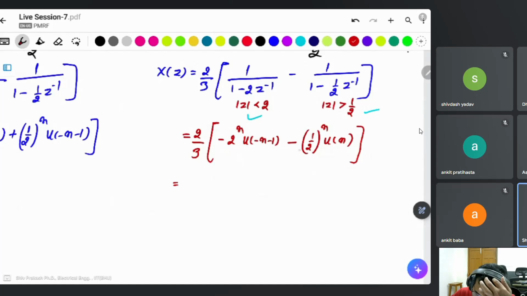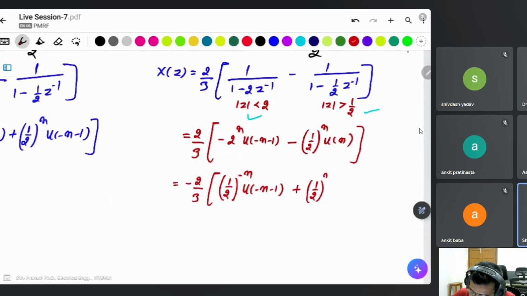You can take the common factor; since the term is negative, the 2 by 3 stays. In this system you can write it like (1 by 2) to the power of minus n, because 2 is the denominator, that's why this n will be negative, u of (minus n minus 1), plus half to the power n u[n].